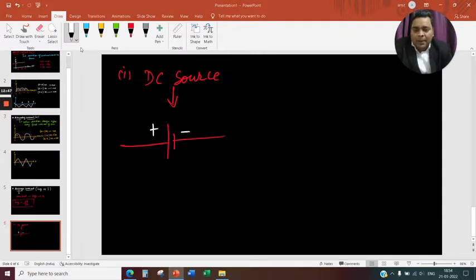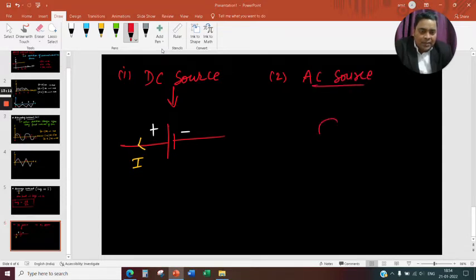It is clear that current I will flow in this manner, from high potential to low potential in case of DC. Suppose I draw the same for an alternating current, an AC source.